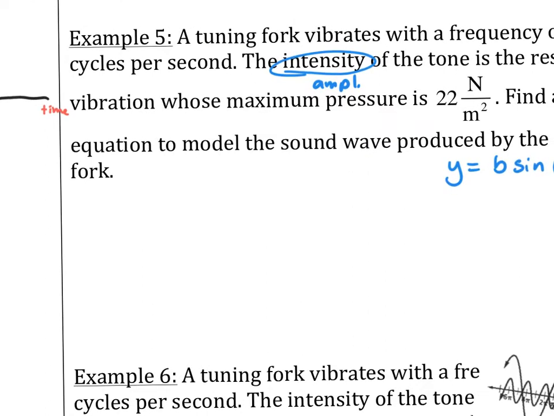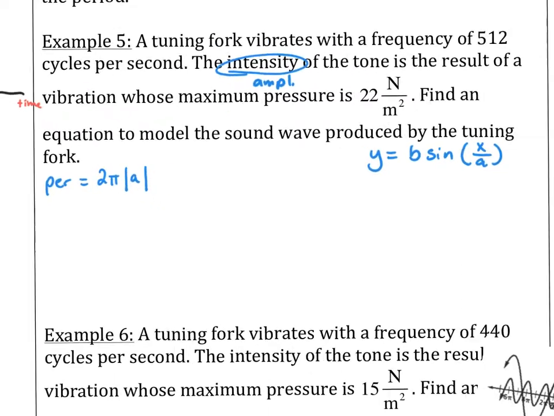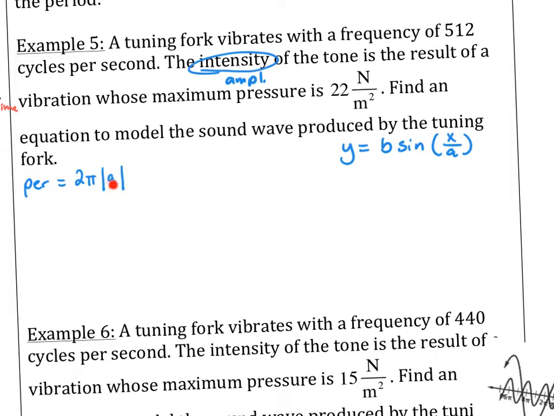So by the definition of period, previously we saw that the period is equal to 2 times pi times the absolute value of A. And A is pretty much the scale of the parent function's period. So the parent function period is 2 pi, and this is how it's being scaled. So ultimately, we're looking for that A right there, how the parent function is scaled.